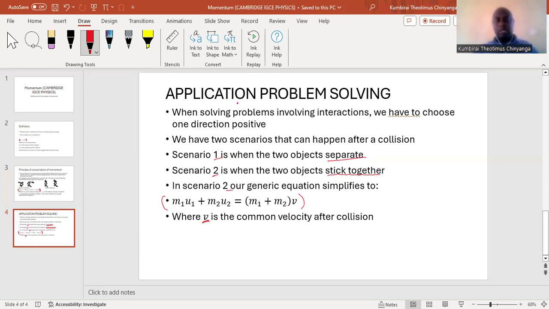Now, let's see how we apply these equations in solving problems. I've got here an example worksheet. Let me stop sharing the slide presentation and share the examples worksheet.